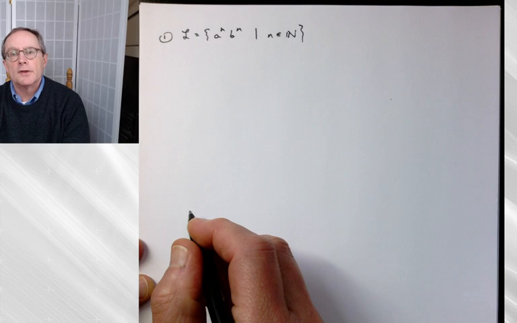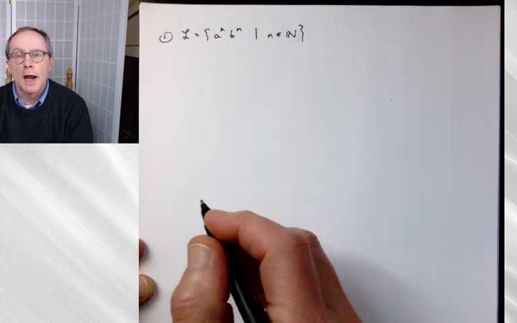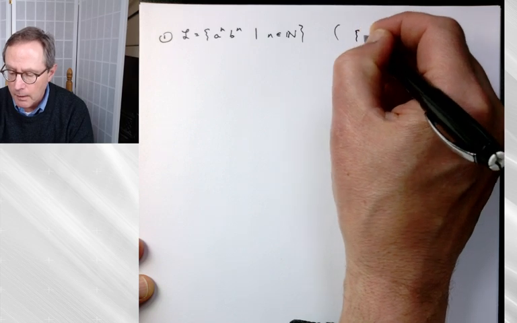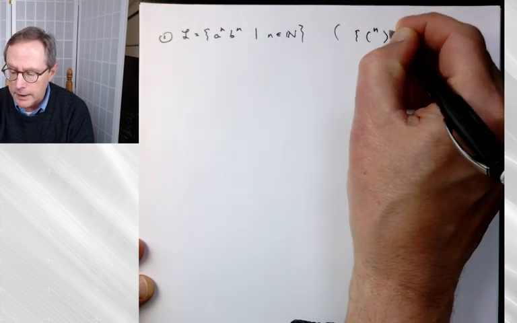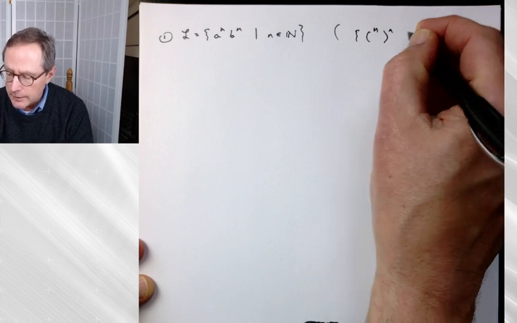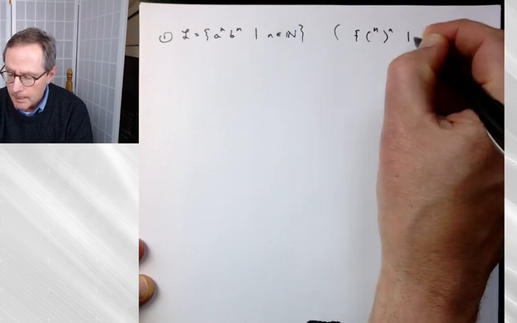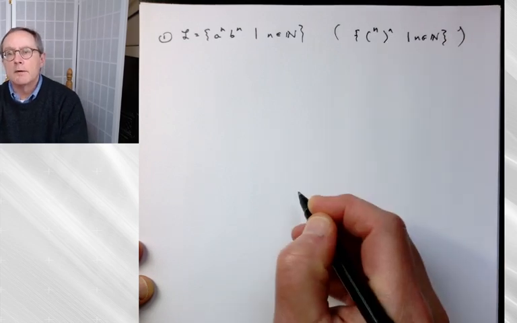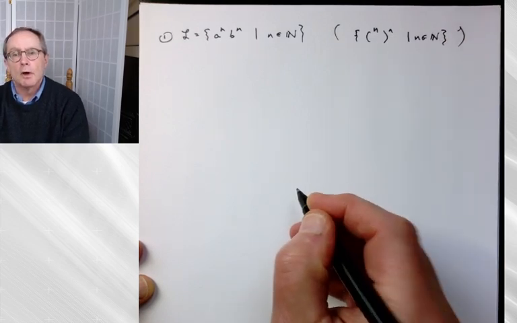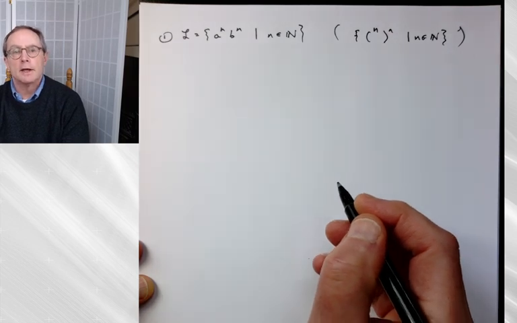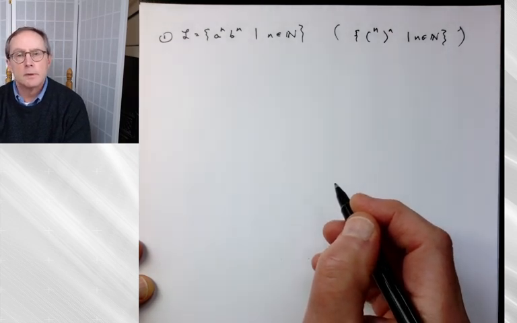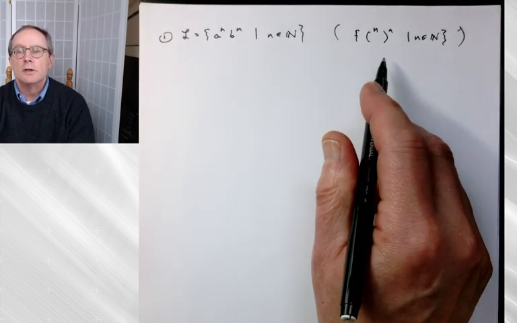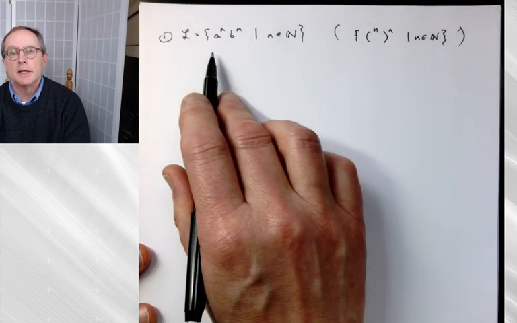What's important about this example is that it's just a rewrite of the language of balanced parens: open paren to the n, closed paren to the n, where n is a natural number. Obviously important in computer science. You've got to worry about balancing your parens. How do you recognize balanced parens? I'm using A's and B's because parens are awkward when you write them down, but nonetheless, that's the basic idea here.